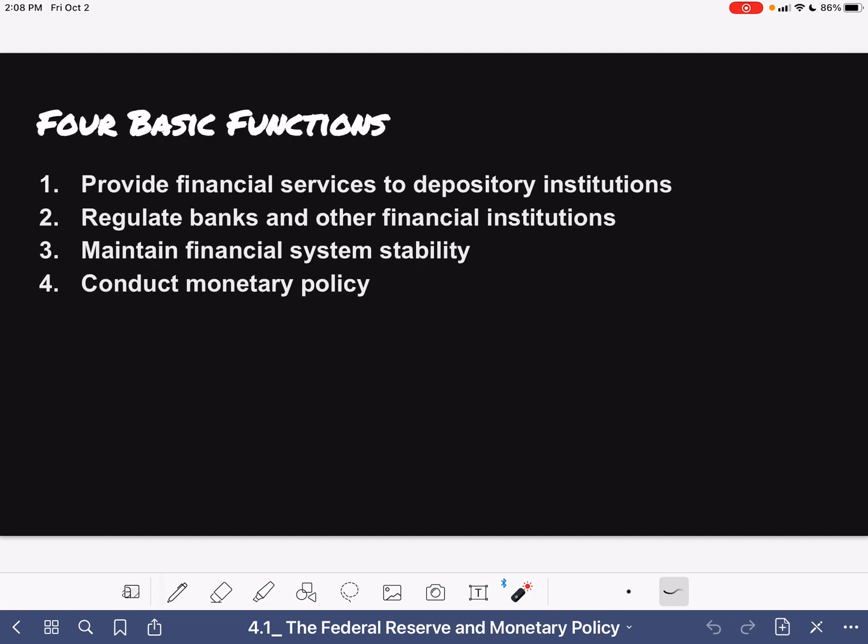Well, they have 4 basic functions. First is to provide financial services to depository institutions. So depository institutions is banks. So they are the bank's banker. They also regulate banks and other financial institutions, so they are the overseers of our commercial banks, which is like Chase, Wells Fargo, Bank of America.